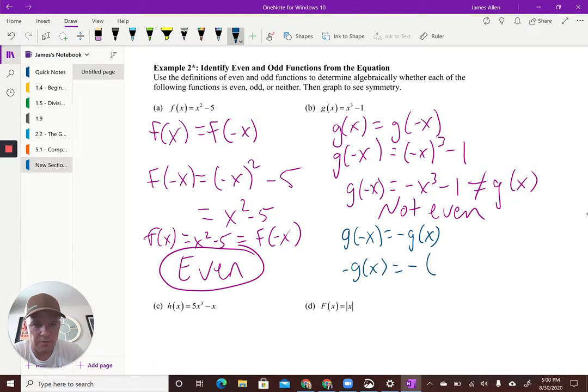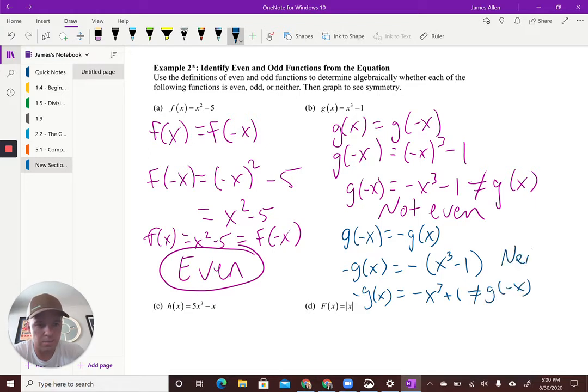I pop a negative out in front, and there are really two ways of looking at this. I can distribute this negative, giving me negative x cubed plus 1, which we know is not equal to what we got for g of negative x. So we know that this is neither.